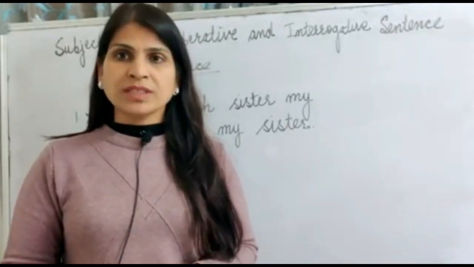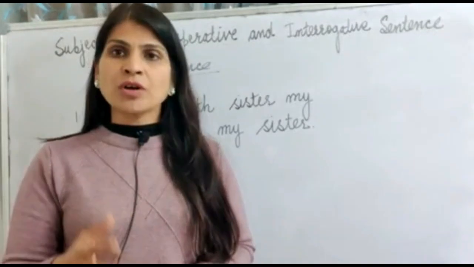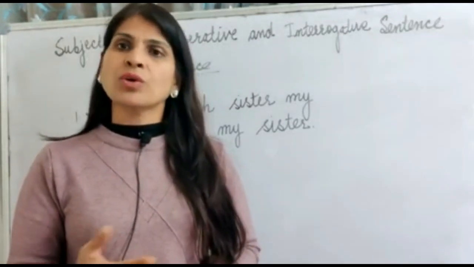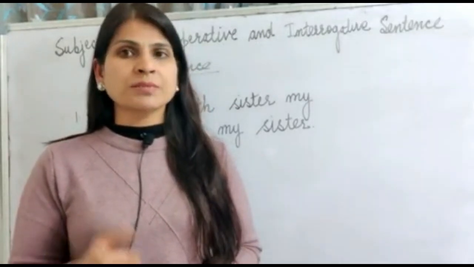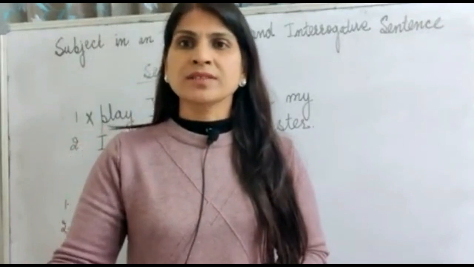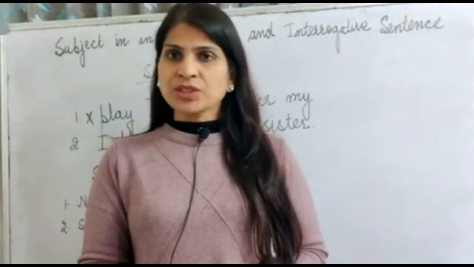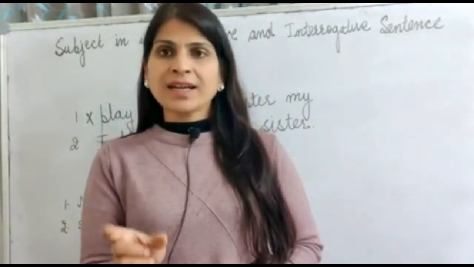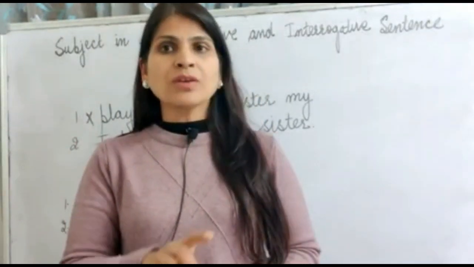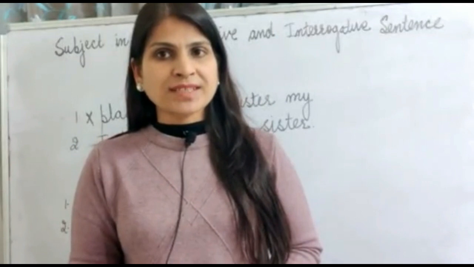The person or thing that performs the action in a sentence, or about whom we are talking in the sentence, is called the subject. If I say, "We go to the park together," what is the action here? It is go. And who has performed this action? It is we. So we is the subject in this sentence.